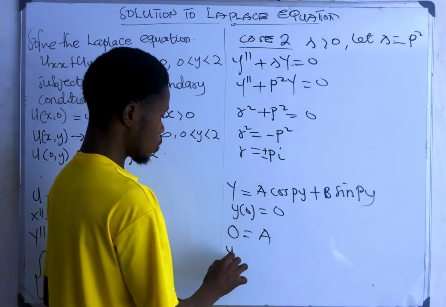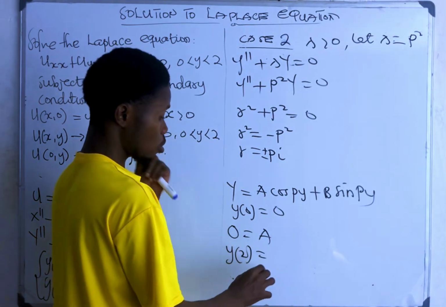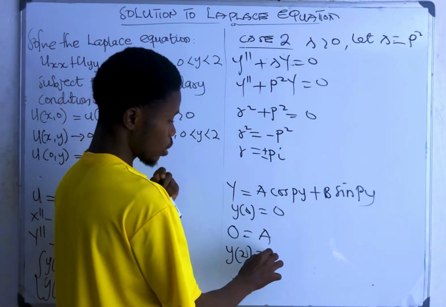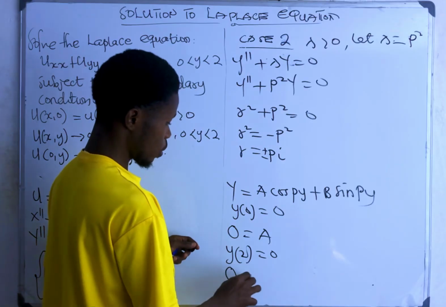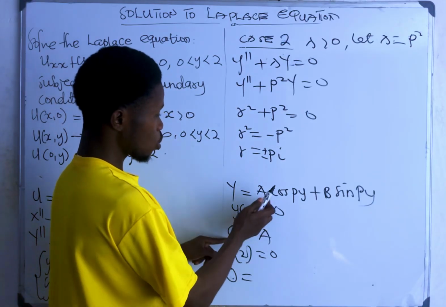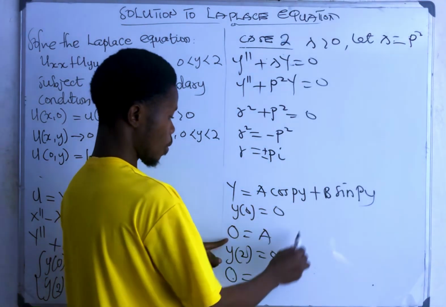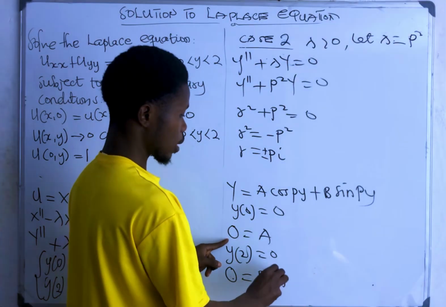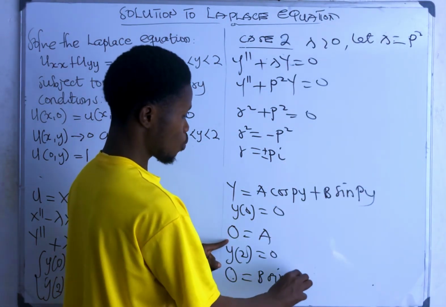We also consider when y at 2 equals 0. So when I put that one here, I have 0 equals, already a is 0. So 0 times this, everything goes to 0. B sine y is 2, so 2p.